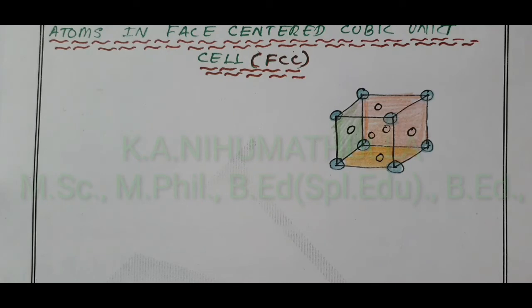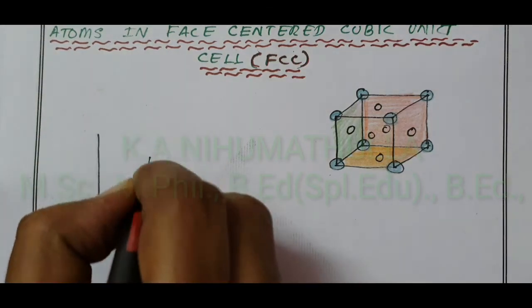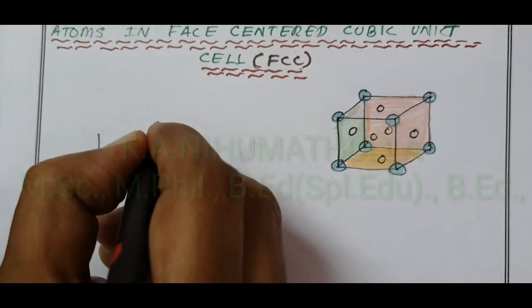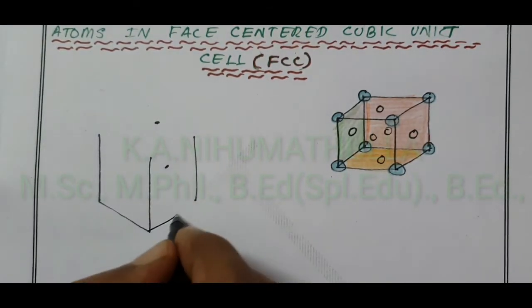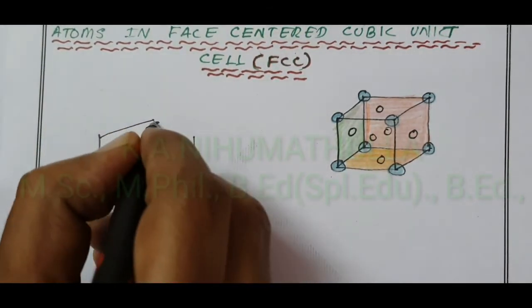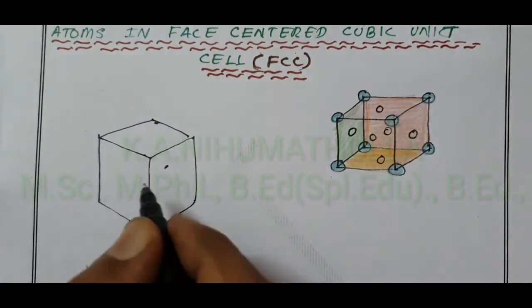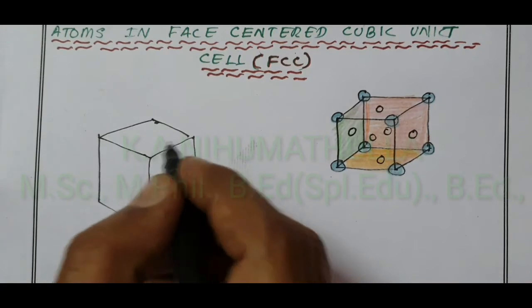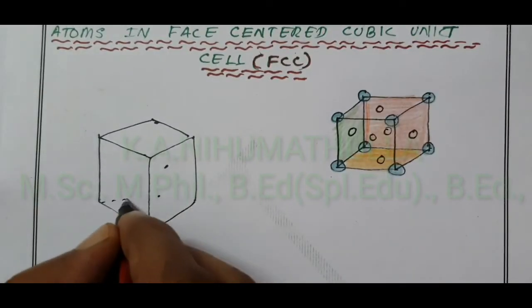In 3 dimensions, now we are going to draw the structure of the face centered cubic lattice. Draw one line here, second line, third line. Here you have one point, then join all the lines and you will get a cube like structure.